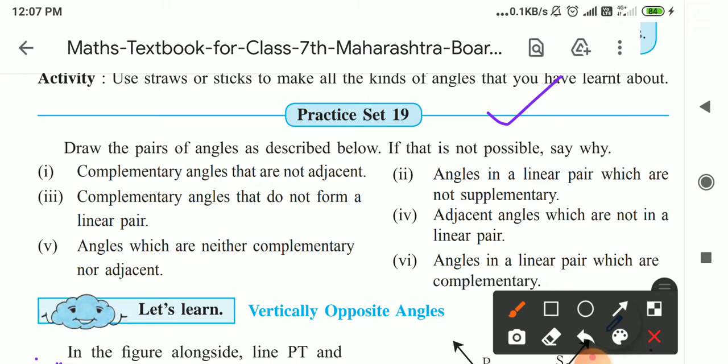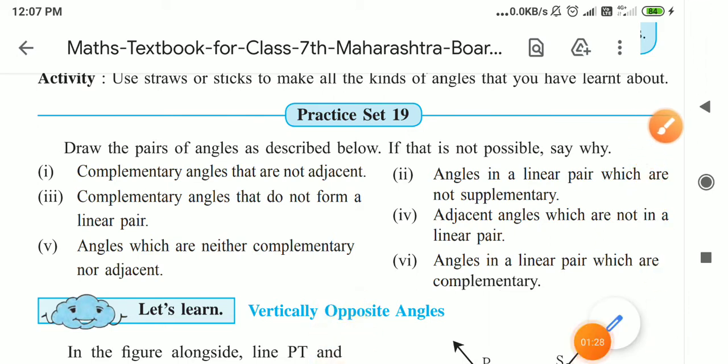So the first statement is: complementary angles are not adjacent. Complementary angles are not adjacent. I think yesterday I told you about this; only the first statement I discussed with you yesterday.